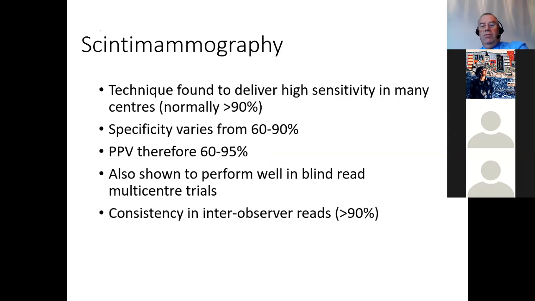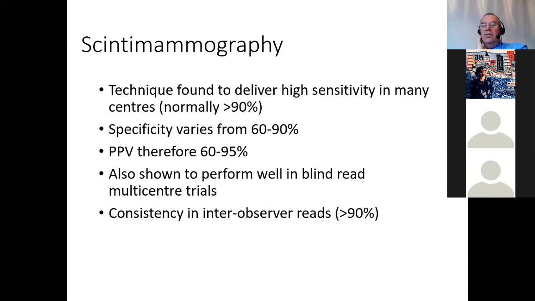Interestingly, when people looked at this, it has consistently delivered very high sensitivity, normally over 90%. And if you think mammography is only about 80%, it gives you an idea of how good this technique is. The specificity varies depending on the kind of benign breast lesions. Some benign lesions like fibroadenomas have low-grade uptake of MIBI, but it runs between 60 and 90%.